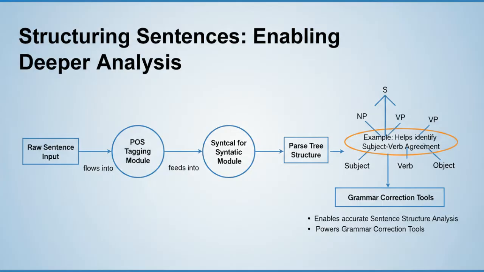If a parser knows that cat is a noun and slept is a verb, it can correctly identify cat as the subject and slept as the predicate. This capability is vital for grammar checking tools, allowing them to detect errors like subject-verb agreement issues. It forms the backbone for building robust sentence structures, which is critical for generating natural-sounding language and for advanced text analysis, where understanding the complete grammatical framework is paramount.